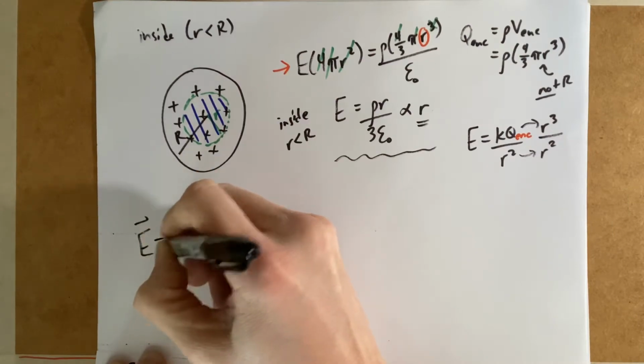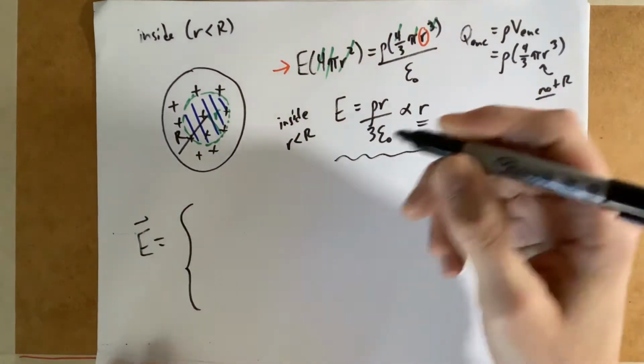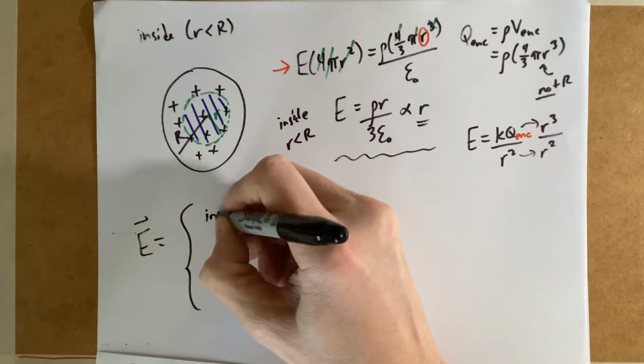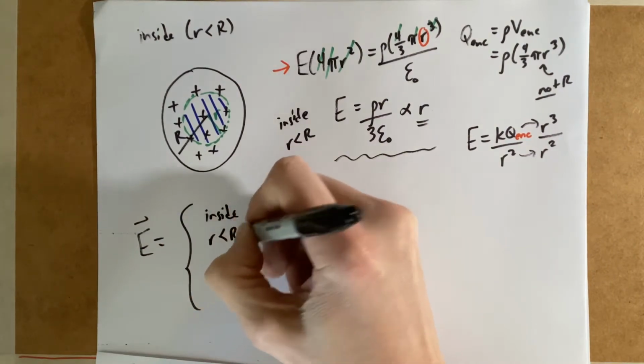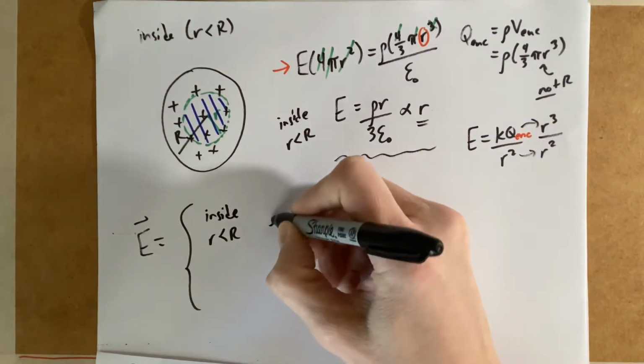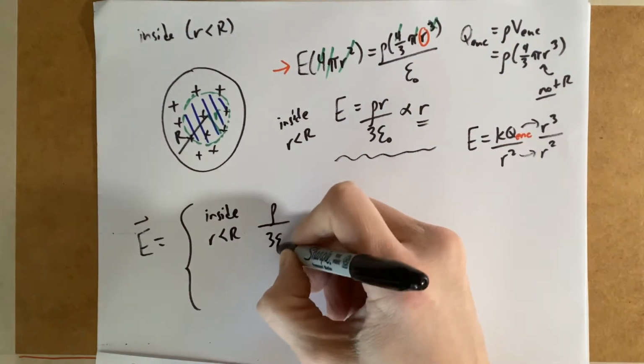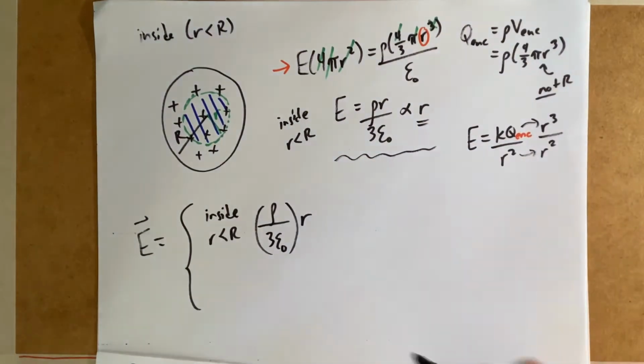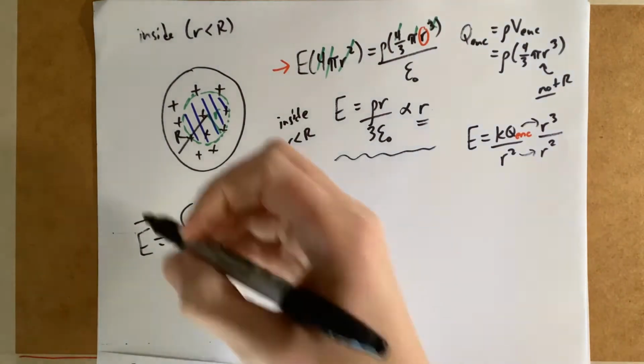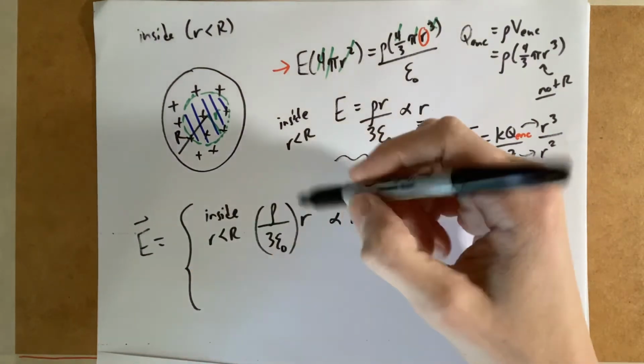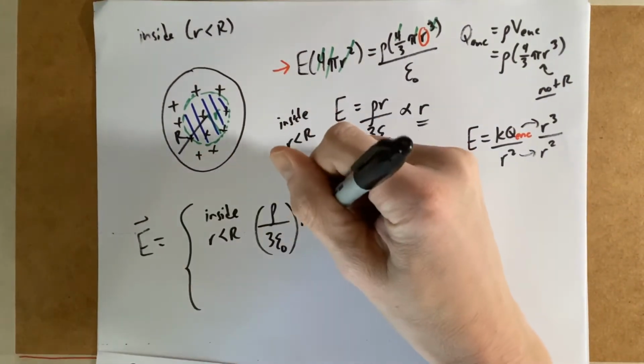It might be good to make a little survey here. So if I'm inside, r is less than big R, I have, and let me write it like this, rho over 3 epsilon naught, and I'll put the r here on the outside just to remind myself it is proportional to r. And I put over here E vector, so I probably should have an r hat on it.